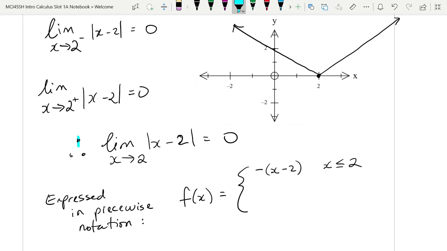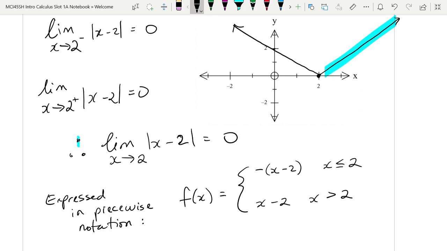Then the other part of this function is the equation x minus 2 when x is greater than 2. And again, make sure only one of those things has an equal to on it, because the function can't be two different equations at the same time. Or the x values can't belong to two different equations at the same time.